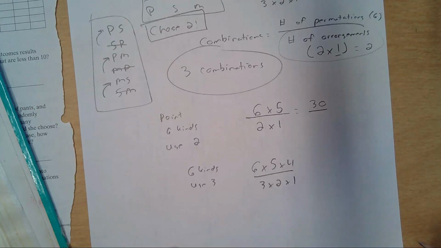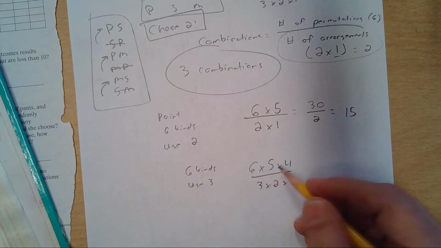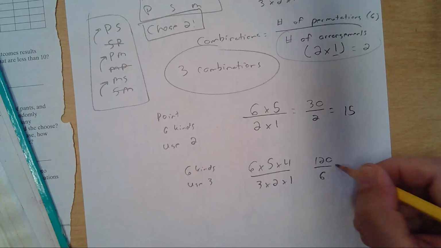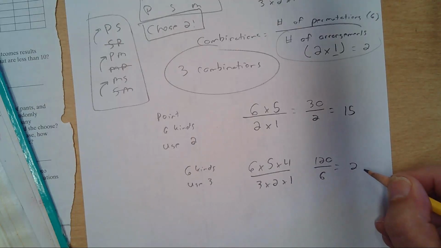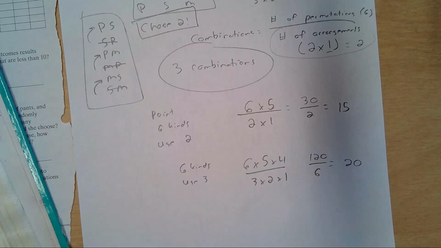Because the order of paint doesn't matter. But 30 divided by 2, basically I would have 15 different paint combinations available to me. Not 30. This one here, I'd have 120 divided by 6. I would have 20 different combinations if I use 3 of the 6 for the paint here.